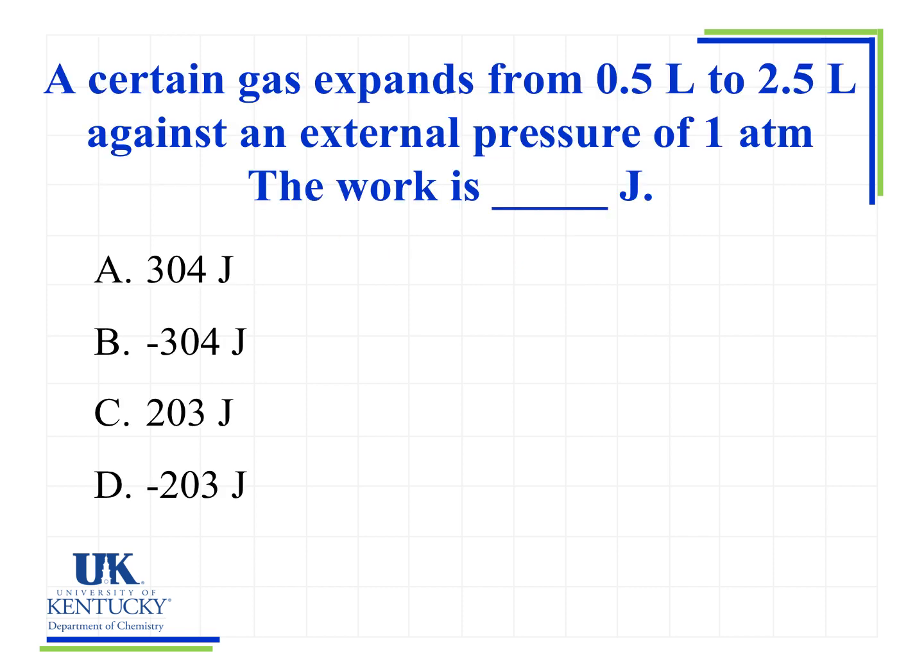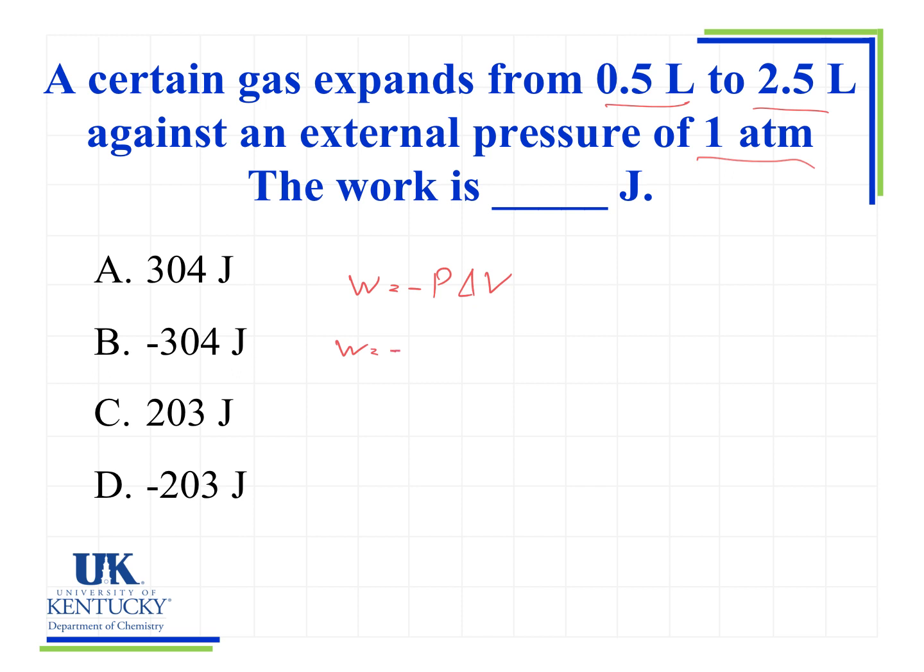So let's see the other example. If the same gas expands from 0.5 to 2.5 liter against an external pressure of 1 atmosphere, what is the work? So the formula says negative P delta V, right?